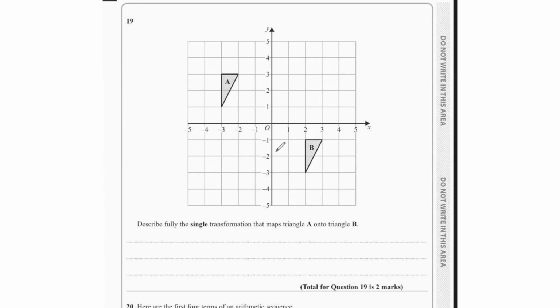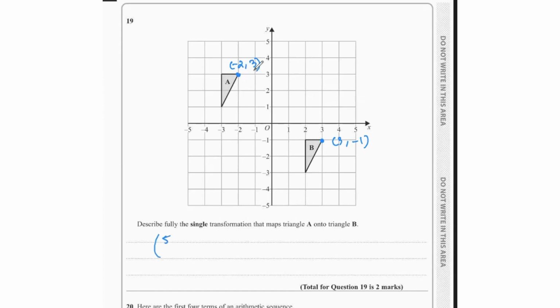So for translation, what we do is pick the same points on both shapes and then compare. So we can see that this one is (-2, 3). And the same point on shape B is now (3, -1). Which means from -2 to become +3, we added 5 units.